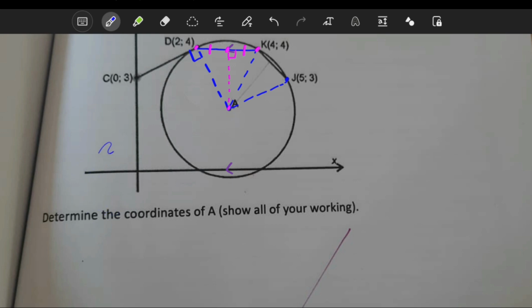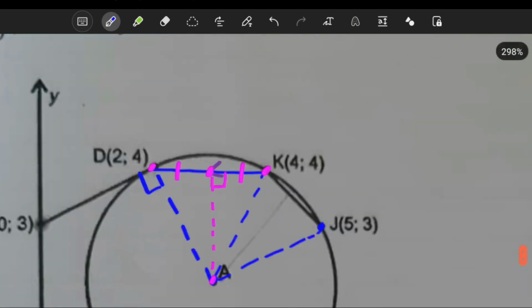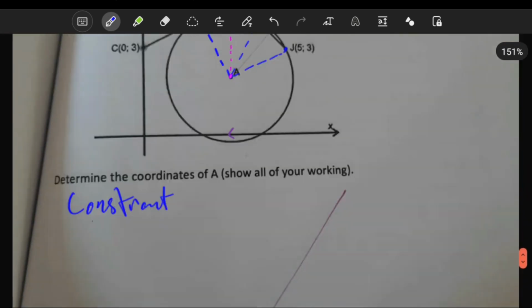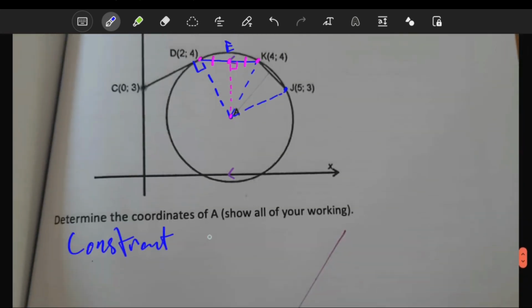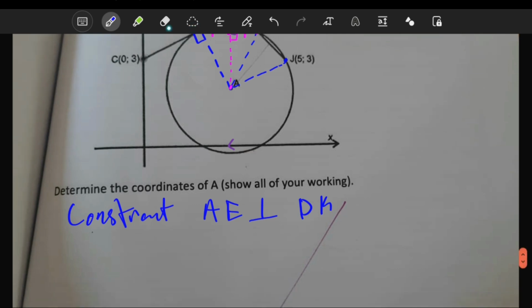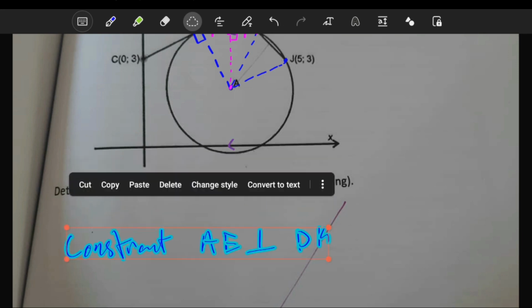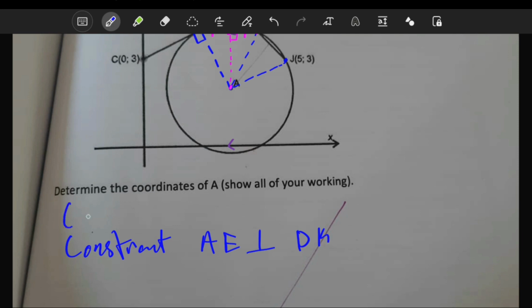So what we know is, let's say here, construct, let's call it AE. Construct AE perpendicular to DK. Or let's construct DK first so that we can show that DK is a straight line. So let's say here, construct DK.